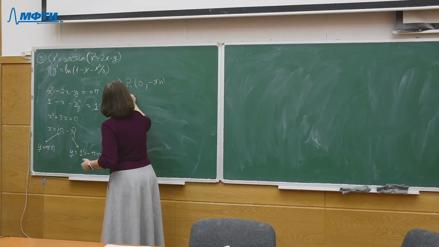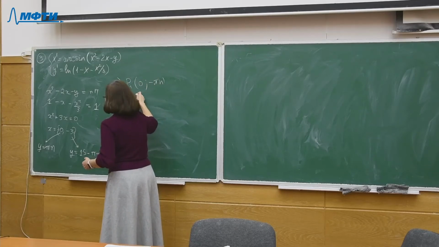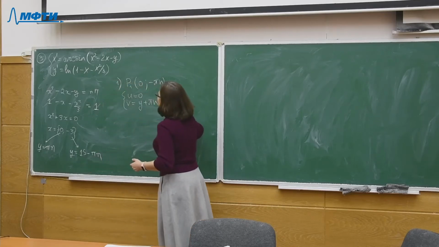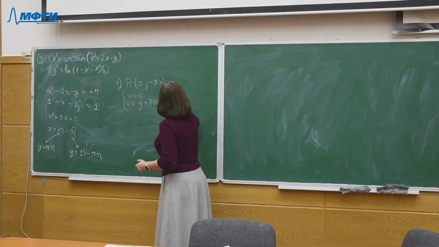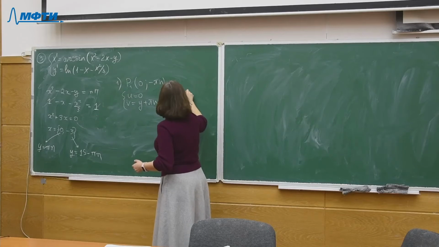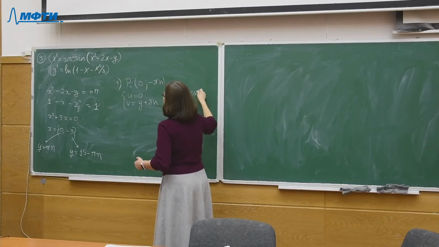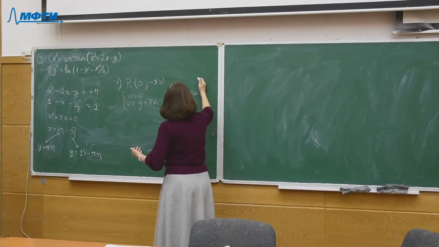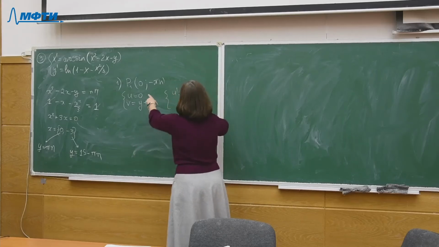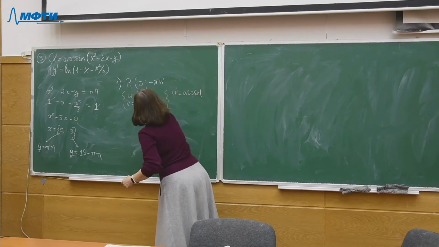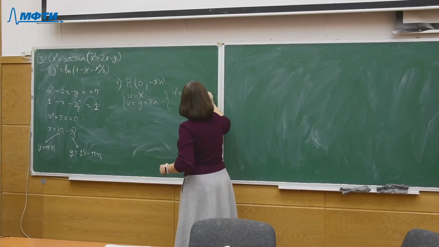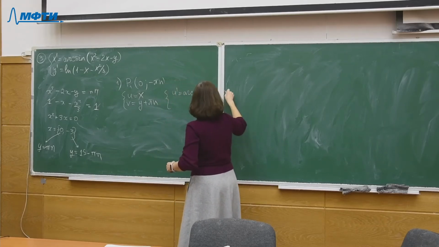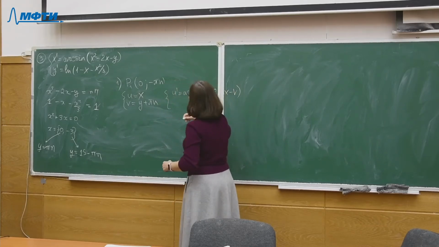change of variables, so u is 0 and v is y plus pi n, then we will get the system u prime equals arcsine of x squared minus 2x minus v plus pi n.